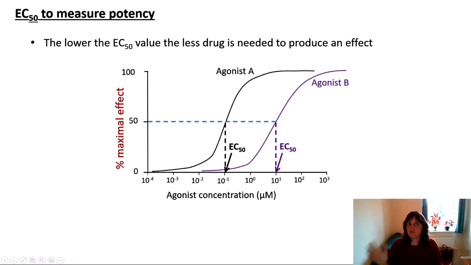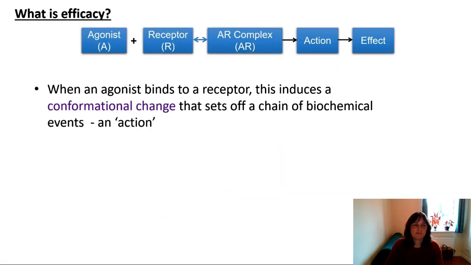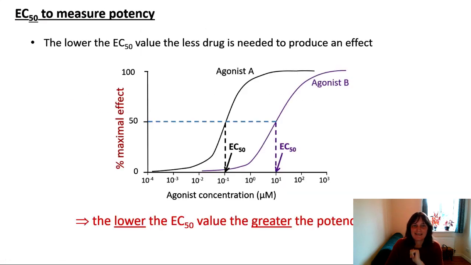The principle is exactly the same as for the KD: the lower the EC50 value, the less drug is needed to produce an effect. So the lower the EC50 value of a drug, the greater the potency. And I'm going to test you on this a little bit later.